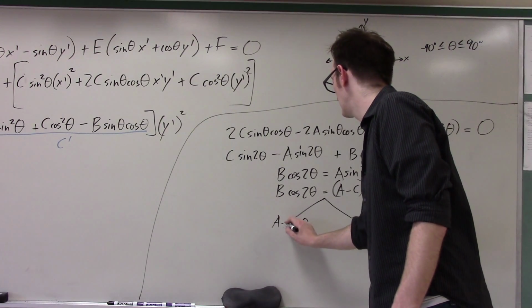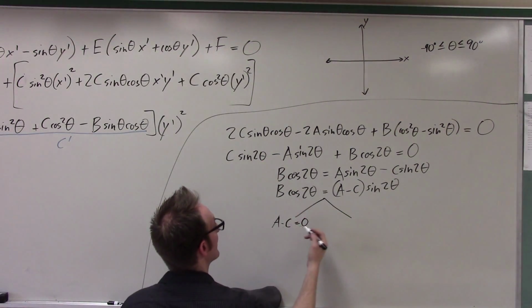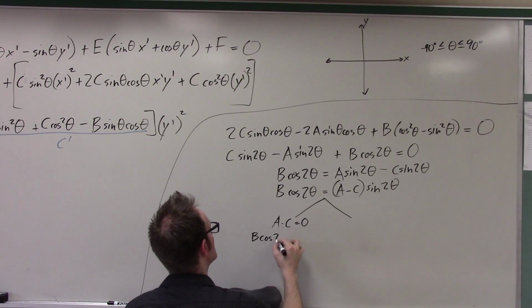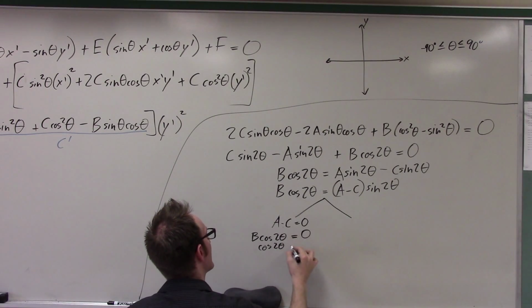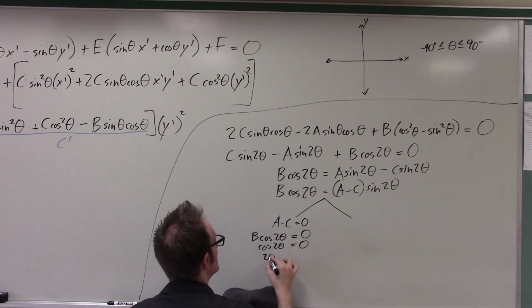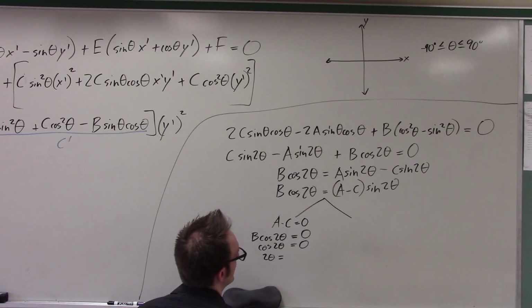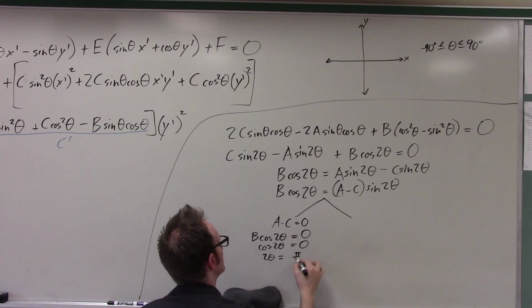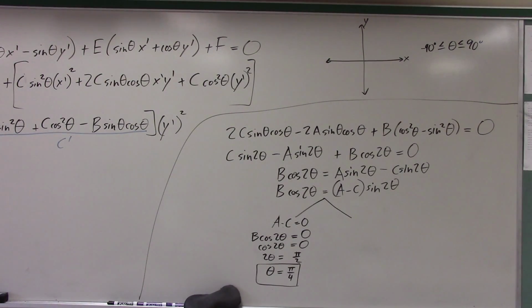Then we really just have an equation that says b cosine 2 theta is 0. In other words, cosine 2 theta is 0. In other words, 2 theta is pi over 2, since cosine is 0 there, and so theta must be pi over 4. So anytime A equals C, then the correct angle to rotate is pi over 4.